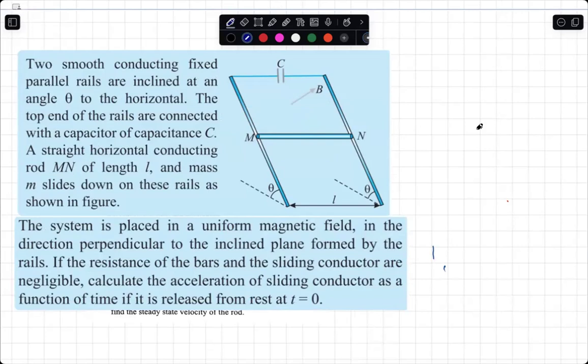I think this is still the same question. I don't see any difference. The only difference I could see is in the place of g, I will write g sin theta. Rest everything is the same. So therefore, the acceleration of A is g sin theta by B square L square C by m plus 1. Everything is the same. No change. Right.